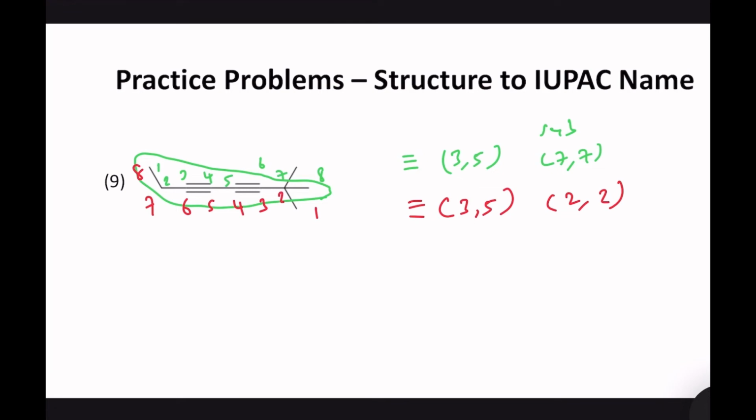Therefore, this numbering scheme is correct, and thus the correct IUPAC name for this molecule is 2,2-dimethyl octa, because total 8 carbon atoms are there in the parent chain, 3,5-diene. That is the correct IUPAC name for this molecule.